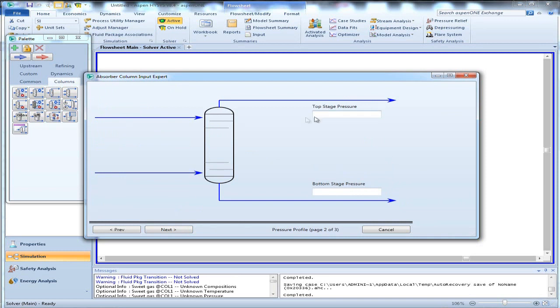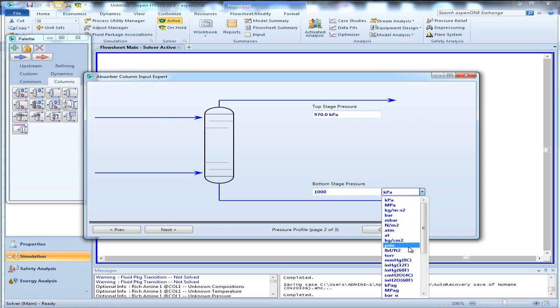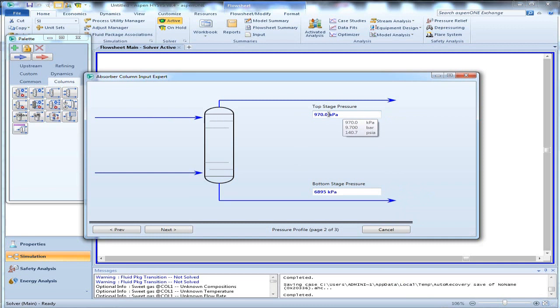Top stage pressure is just what we input here, 970, and 1000. Make sure that this is psia. This is as well psia.